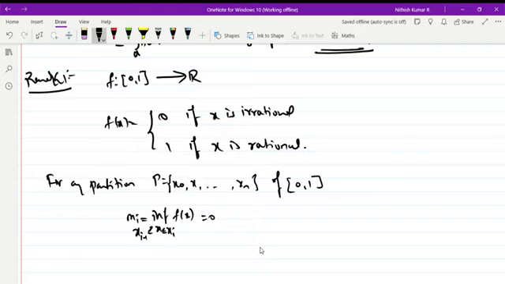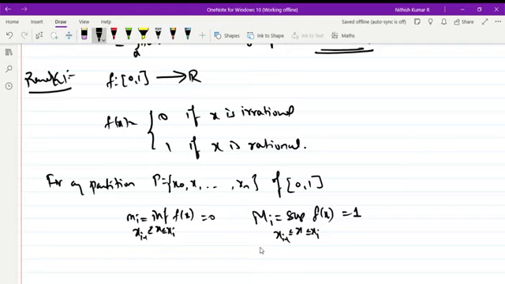It is 0. Similarly, if you take the capital Mi, which is nothing but the supremum of f of x between x(i-1) and xi, again this is nothing but 1, because the function value in any interval is either 0 or 1, and in any smaller interval there are rationals and irrationals, hence the supremum is 1.